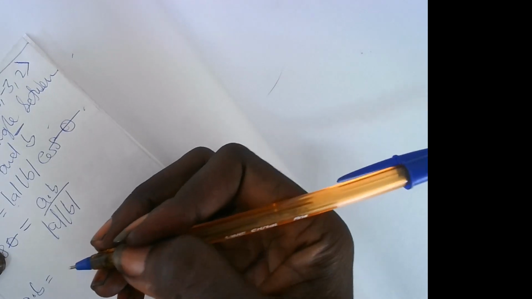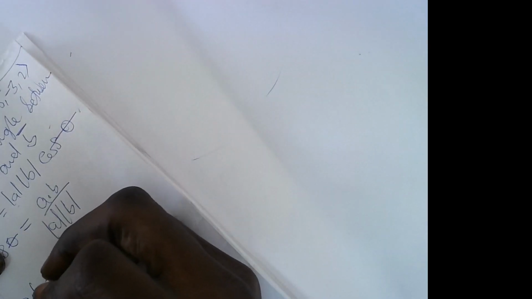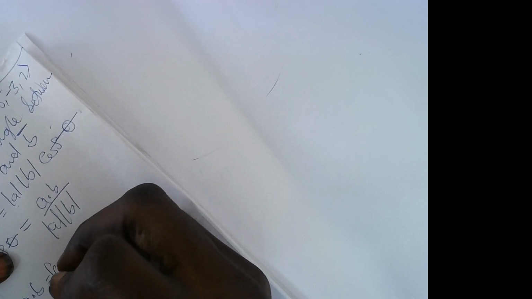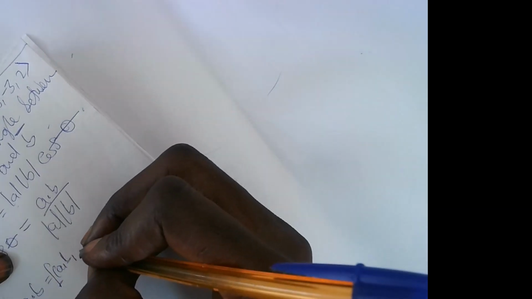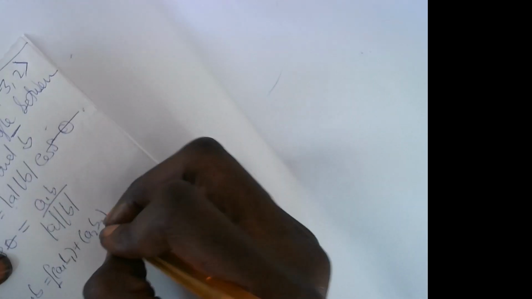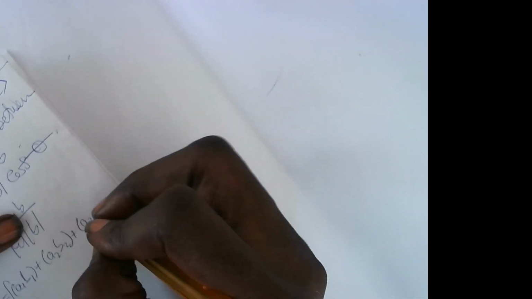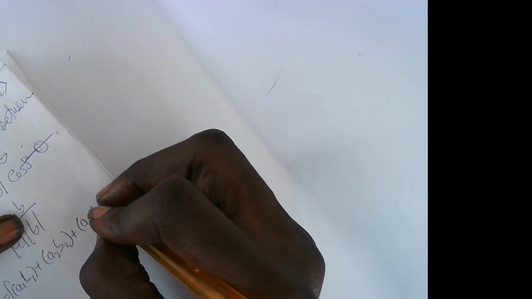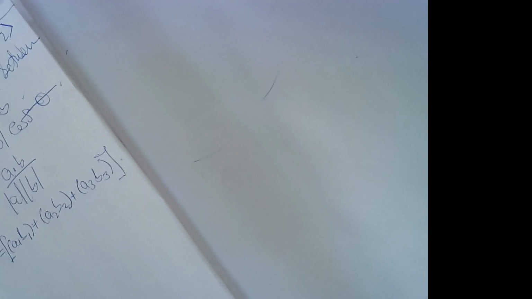A dot B is going to be A1 B1 plus A2 B2, and since this is three-dimensional, plus A3 B3. Let's put in the values.